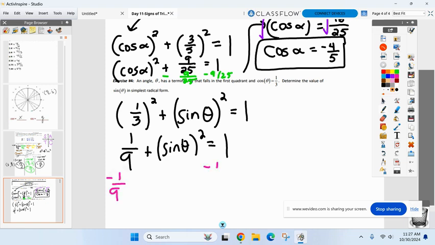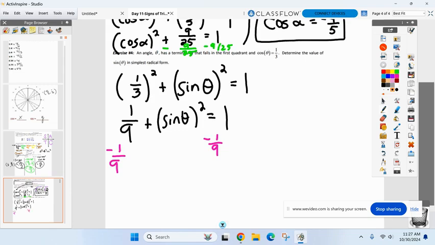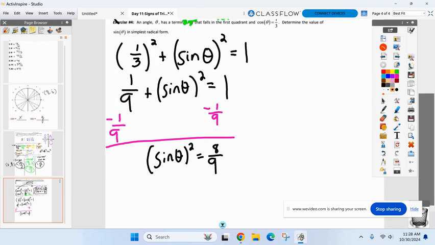What do you got? 8/9. Everyone getting 8/9 there? Yep. Still have to take the square root of both sides.